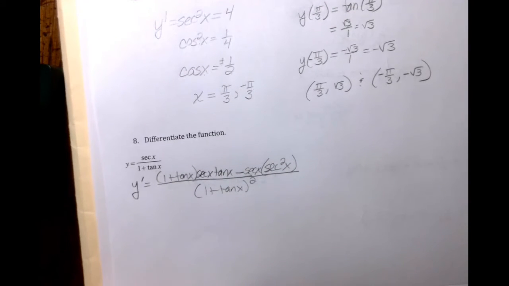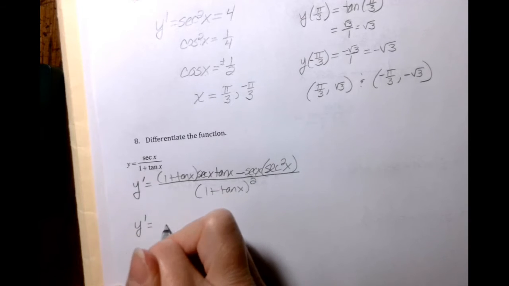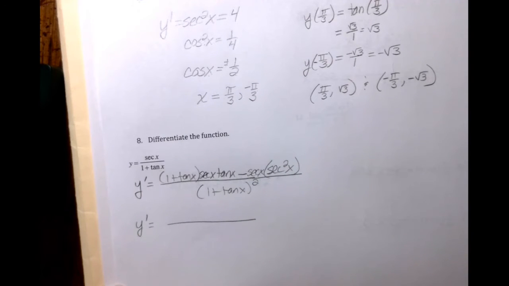Now technically that is my derivative. However, if it's a multiple choice, you got to make it match to whatever format is given. Chances are it wouldn't be written in this format.